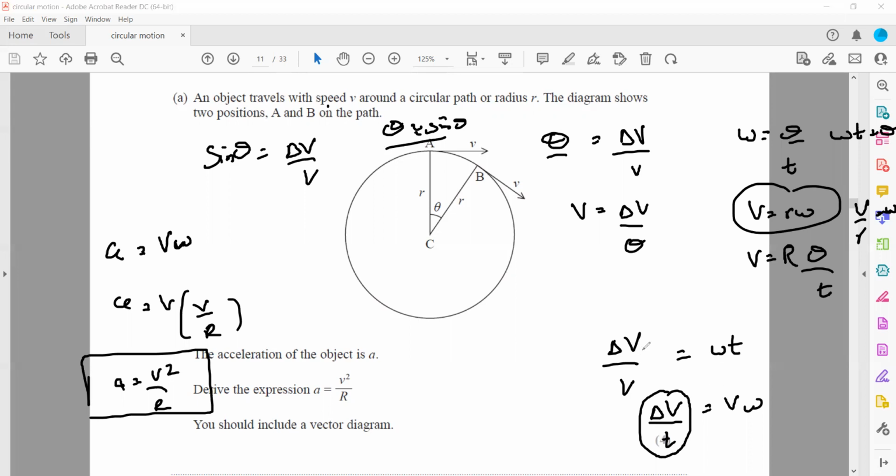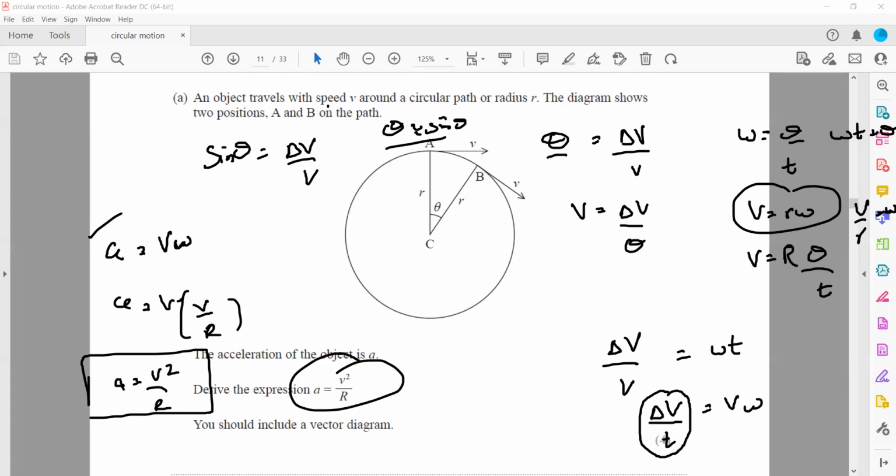From these two formulas we work out that delta V over V is equal to omega t, or delta V over t is equal to a and equal to V omega, and V omega is equal to V square over R. So we substitute, and we get a equals V square over R. So this is the derivation of the formula for centripetal acceleration.